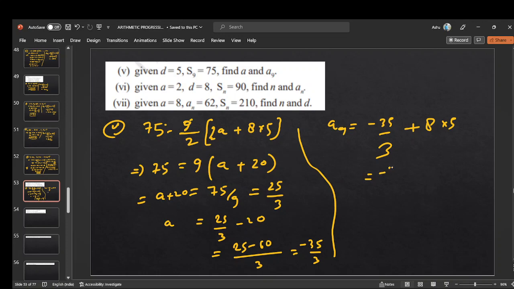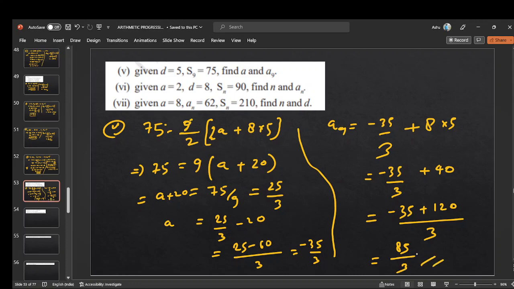Minus 35 by 3 plus 40, then minus 35 plus 120 upon 3, 120 minus 35. Clear? 120 minus 35, it will be 85 by 3. That is our answer.